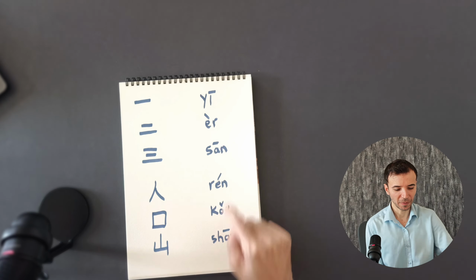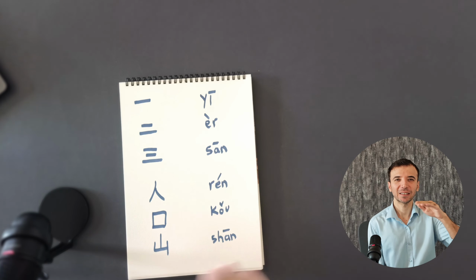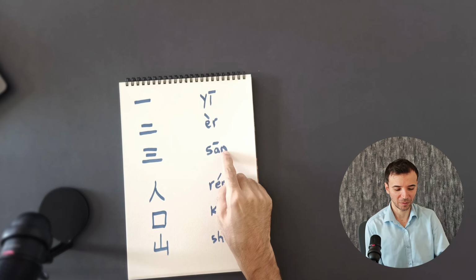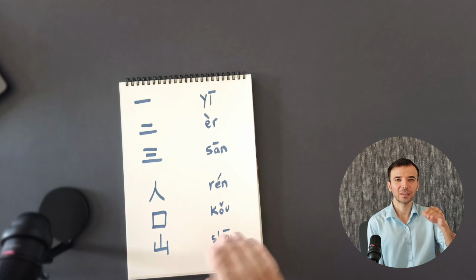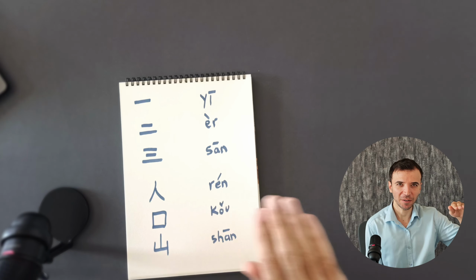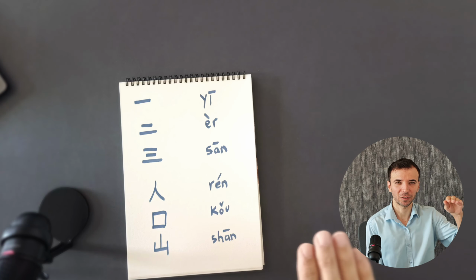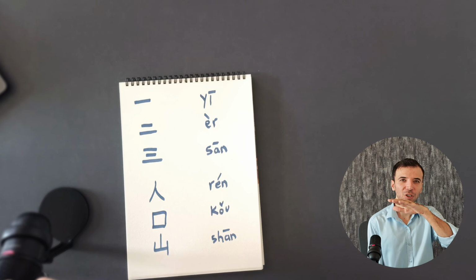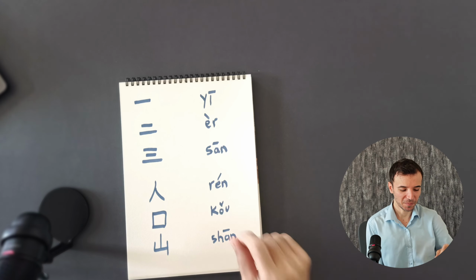We have 2 more. San, san, san. Number 3. And also mountain. Shan, shan. Our pitch is straight and does not change. San, shan, yi.